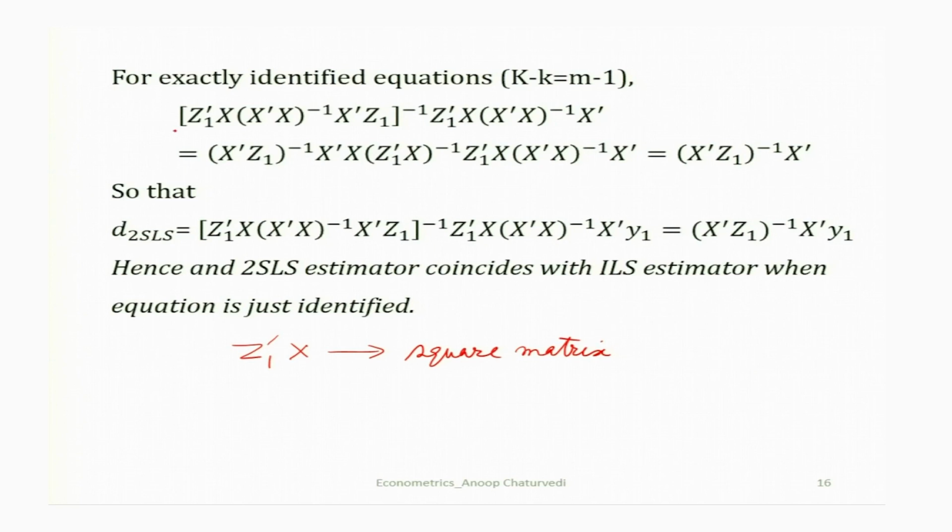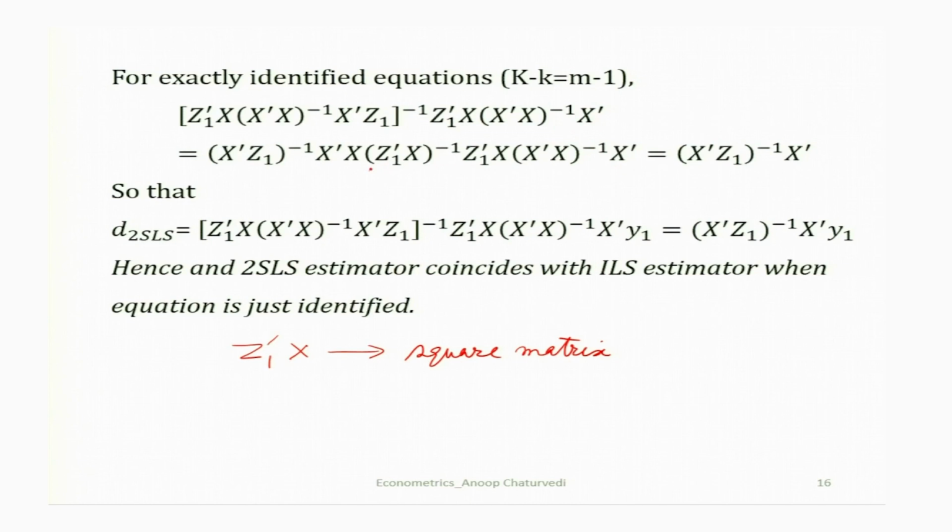And then you can write this inverse as the inverse of X transpose Z1, then the inverse of (X transpose X) inverse, and then you have (Z1 transpose X) whole inverse, and then Z1 transpose X, (X transpose X) inverse, X transpose.